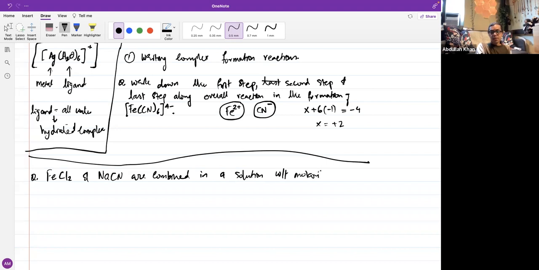So I'm giving you the combined solution molarities. If you don't have it, then you know what you should do, millimoles. With molarities 0.5 and let's say 0.3 and 0.35. Calculate the molarity of Fe2 plus at equilibrium.